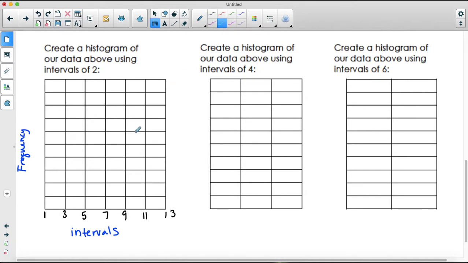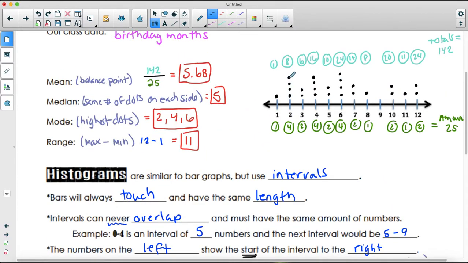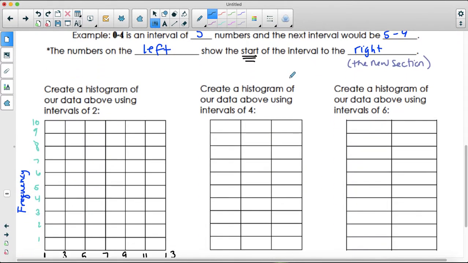Then I'll also have my frequency, which is just 1, 2, 3, 4, 5, 6, 7, 8, 9, 10. So for January and February, we had a total of 5.